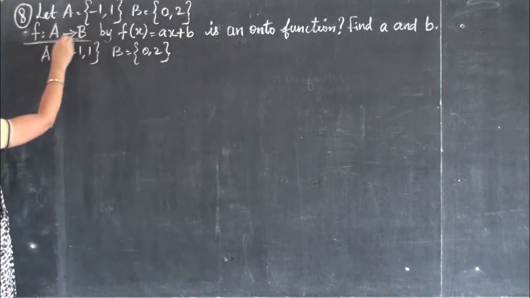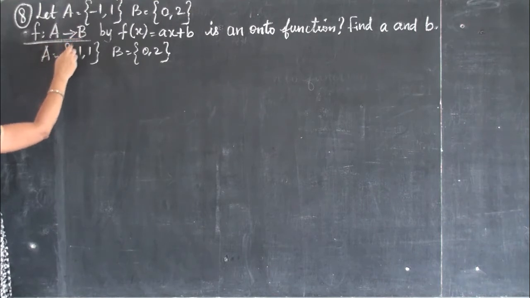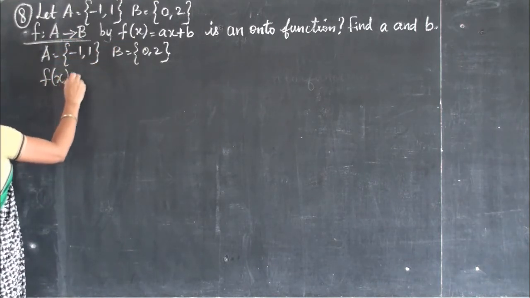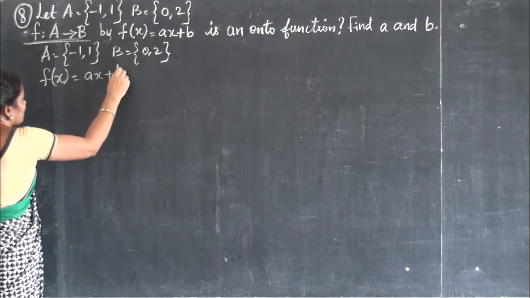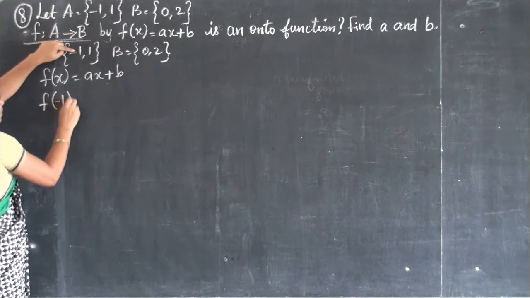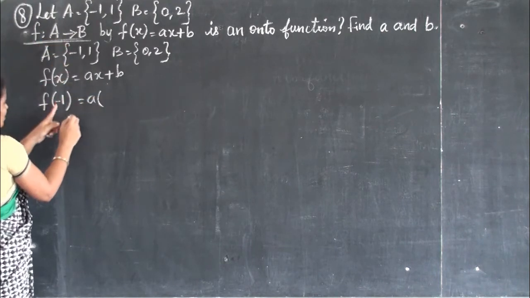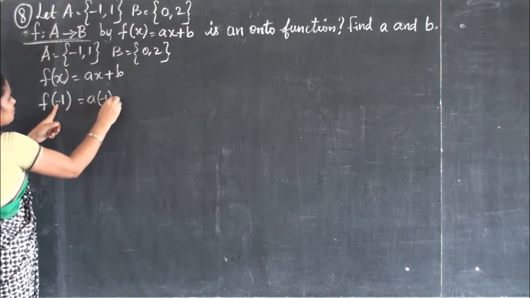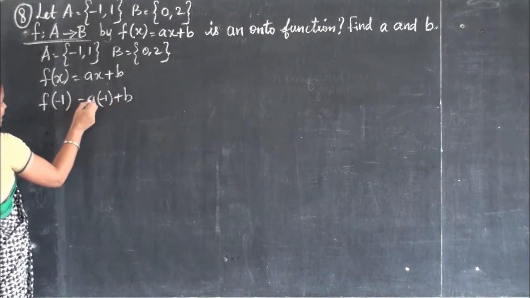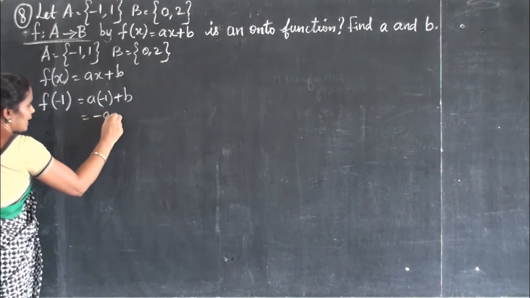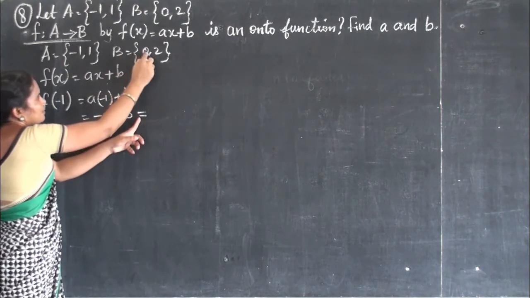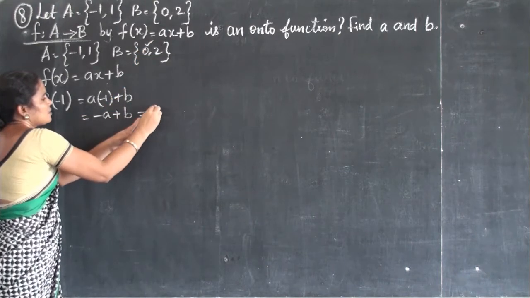Hence it is given as f from A to B, you have to apply f of x is equal to ax plus b. Taking f of x, the first element minus 1, in the place of x, apply minus 1. a into minus 1 is minus a plus b, write the element of B, the first element is 0.